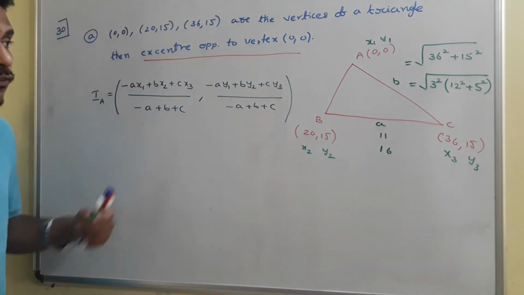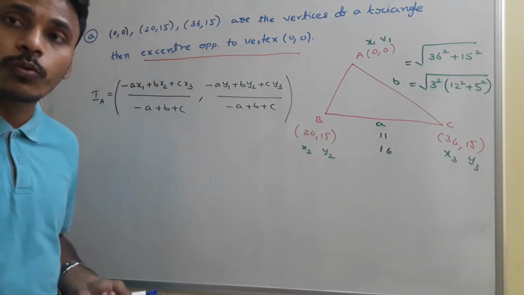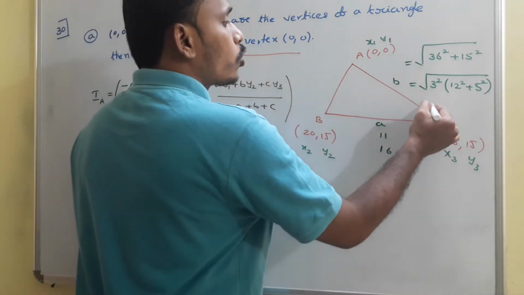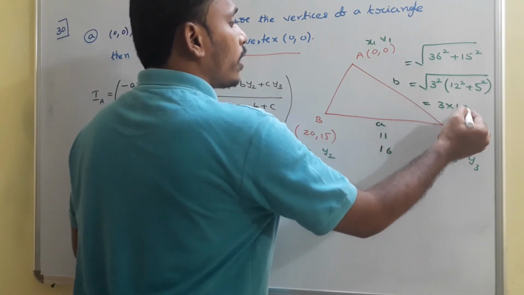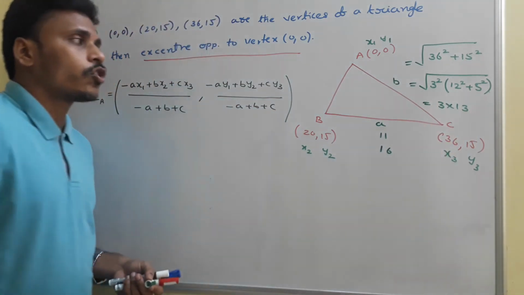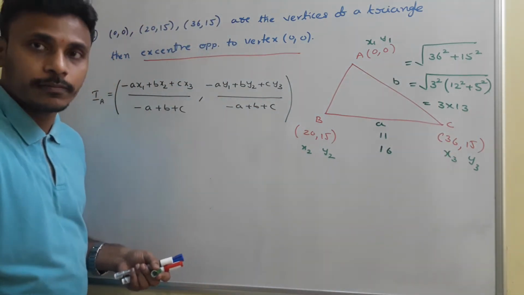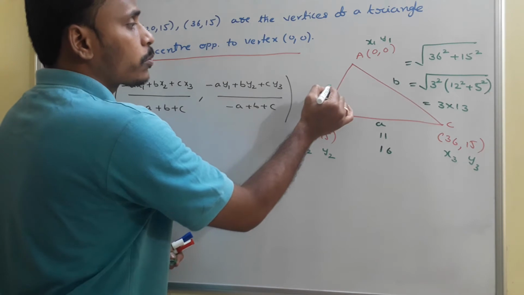We are all familiar with 12 square plus 5 square being 13 square. So this is 3 into 13, which is 39. So small b is 39.